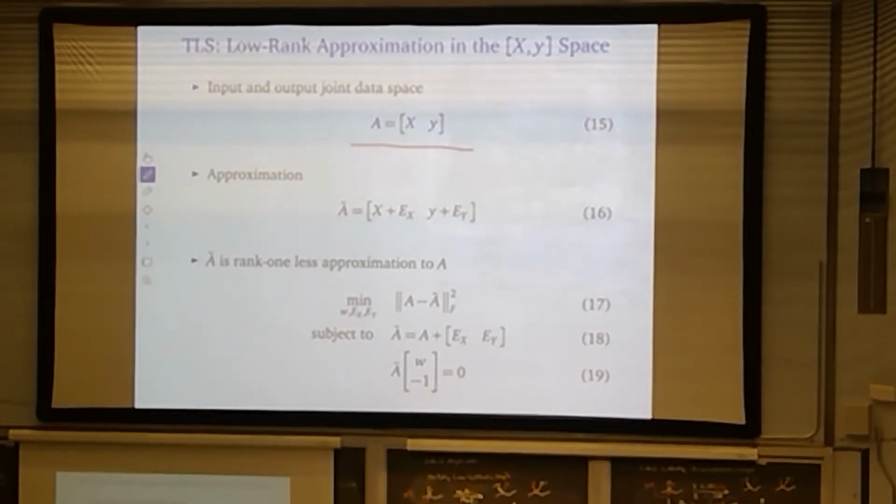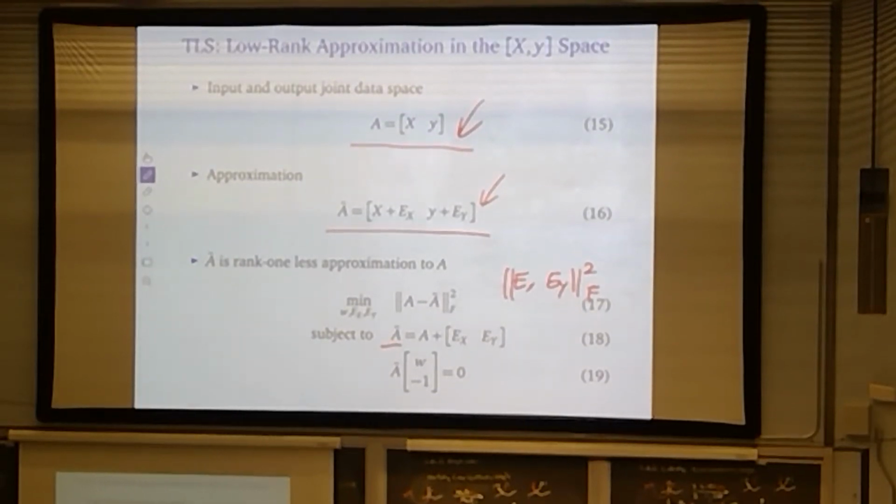So we investigate this joint data space, X and Y together. The approximation is the one I make some adjustment to both X and Y. Okay, this is my approximation to the data matrix because I think this contains noise. If I get to remove the noise, there's a perfect linear model, explain their relationships. So now, from this perspective, it becomes a regression, becomes seeking a low rank approximation because the criterion initially is EX, EY. I want to minimize this.